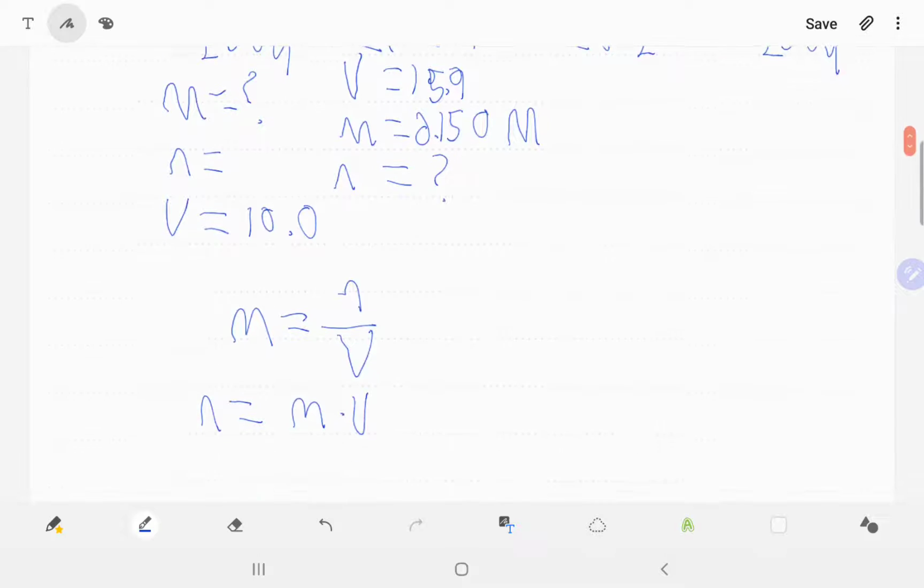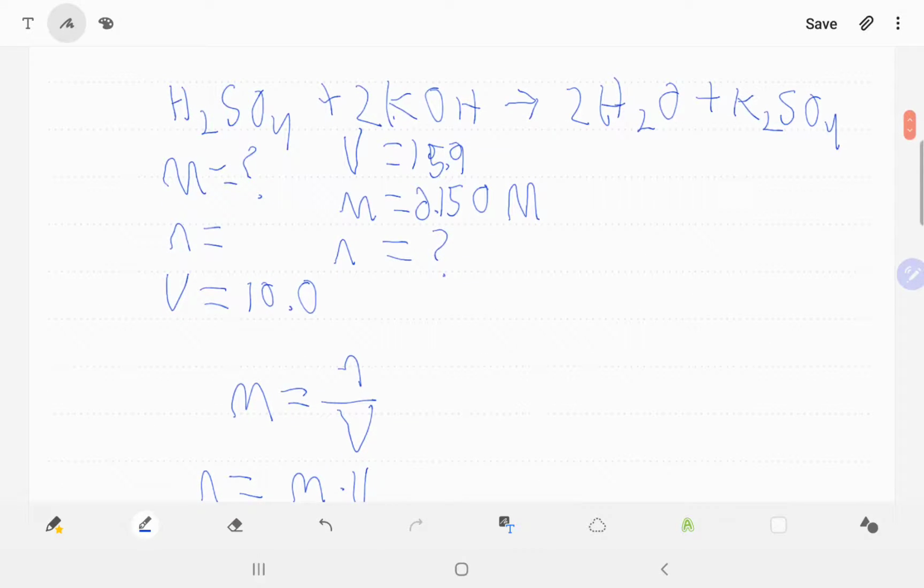And before you solve your equation, remember that you need to convert your volume into liters. So right now you have 10 milliliters. That would become 0.01 liters.